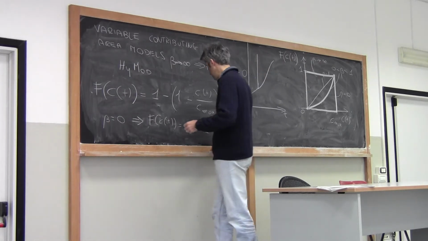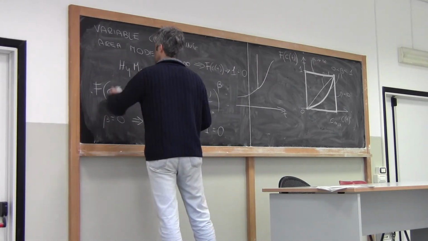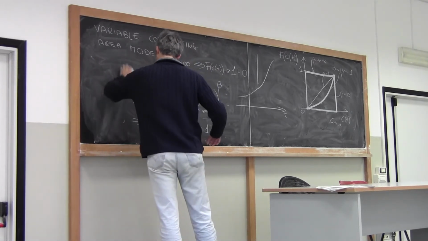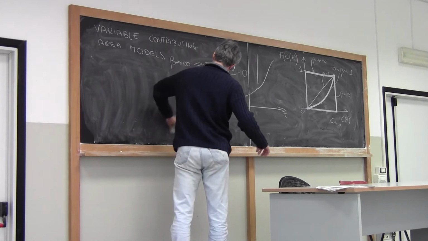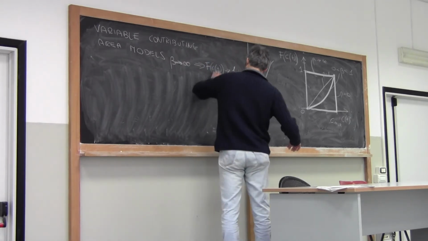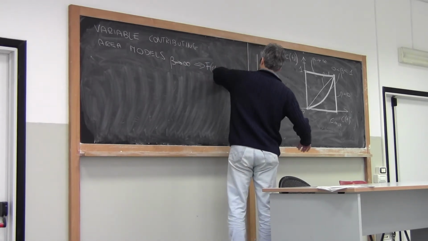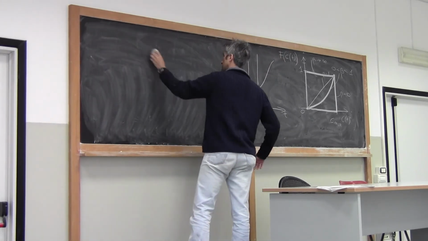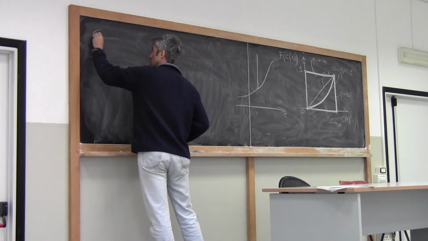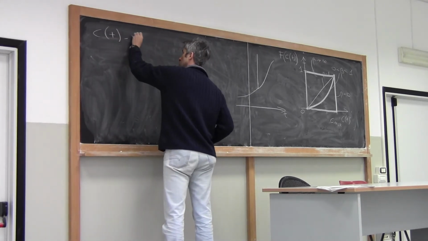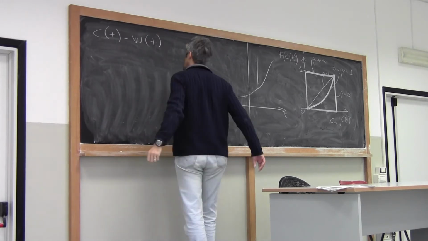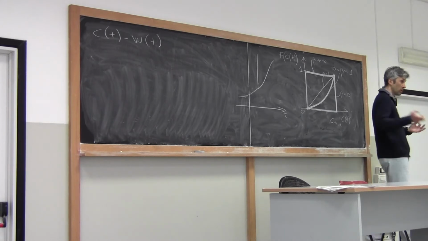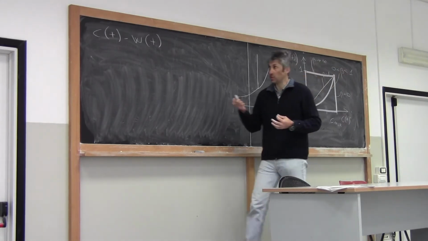So basically, I have to estimate the difference Ct minus Wt, where W is water storage over the catchment, which is lower than Ct, because Ct is net rainfall.